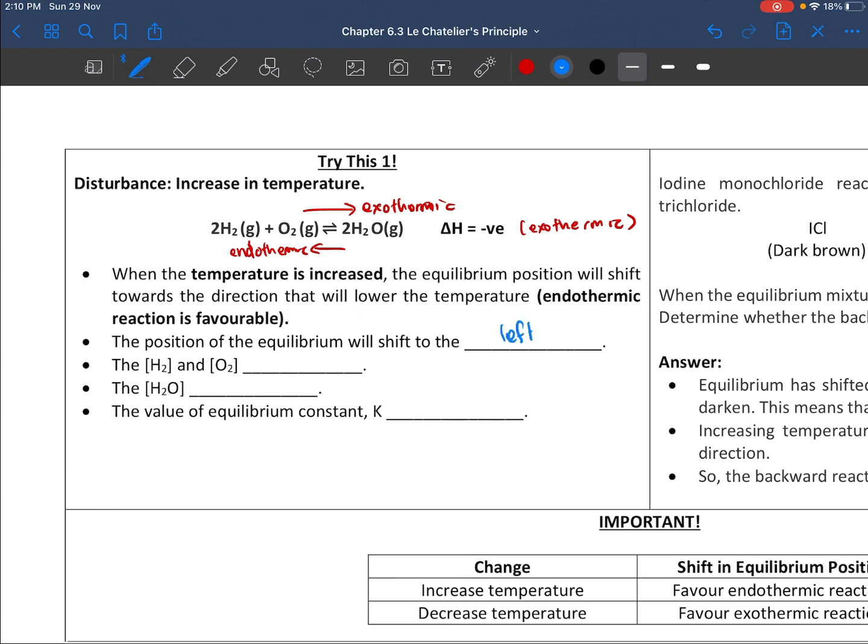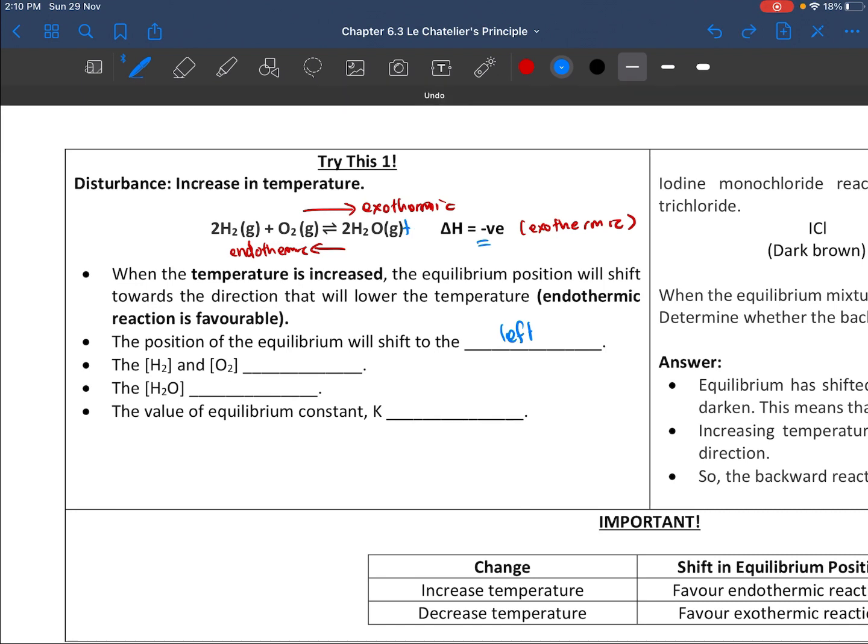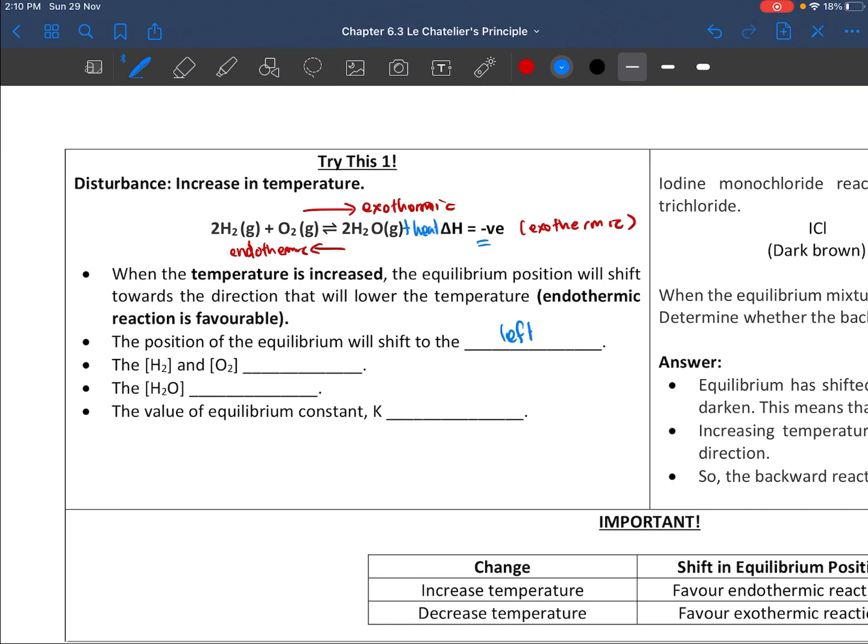Ataupun another method yang saya ajar kamu, kalau delta H negatif, exo maksudnya sini adalah heat tu. Okay, so heat berada di produk. So kalau nak kurangkan temperature, kita kena shift jauh daripada heat lah. So shift to the left. Okay, so concentration H2 dan concentration O2 in this case akan meningkat, increases sebab kita shift to the left kan. Okay, and then concentration H2O will decrease. Okay, lepas tu dia tanya the equilibrium constant K apa pula jadi.